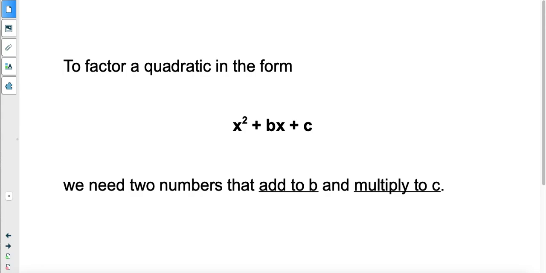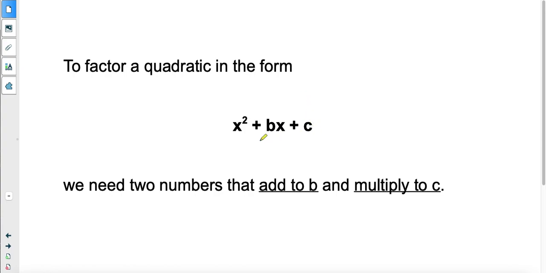So what that means is, if we want to factor a quadratic, figure out what we need to multiply by what to get this answer, we need to find two numbers that add to b, my number in front of x, and multiply to c, the number by itself.